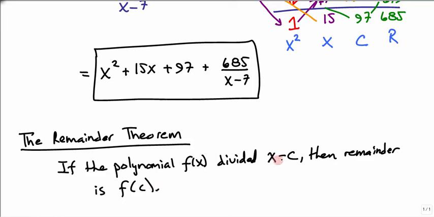Now notice that that's the opposite of what it appears here. If this said x plus c, then the remainder would be f of negative c. But if this is x minus c, we use the opposite to plug in here.